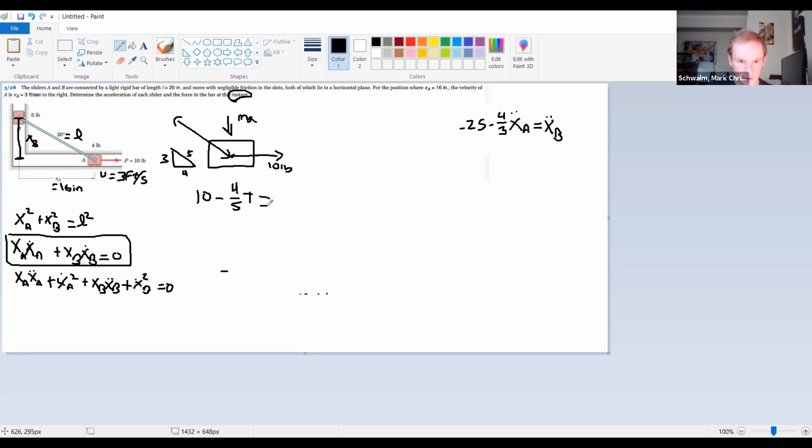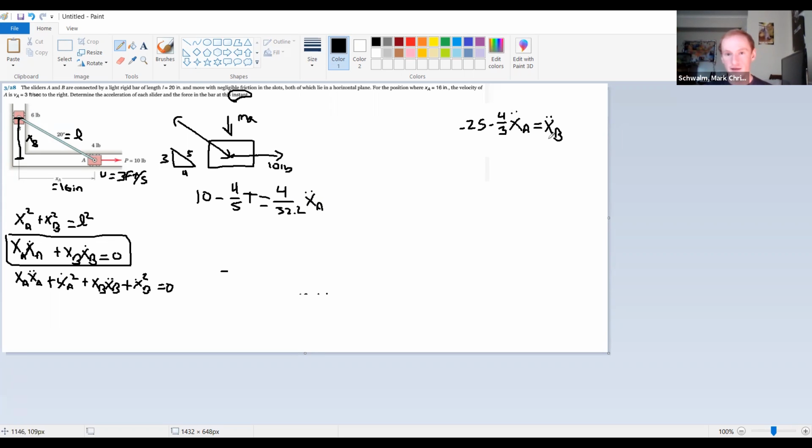And then for the y direction, it's 4 pounds, and we want to switch that to a mass, so we'll divide that by 32.2. Since it's going to be equal to ma, we'll multiply that by the acceleration, which is x double dot a. So now we have a term that relates tension to the acceleration.